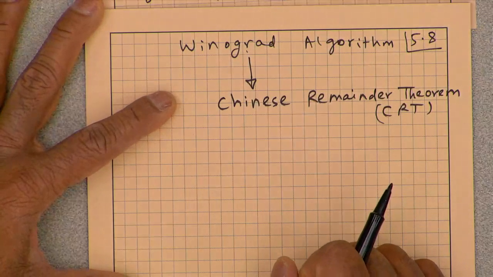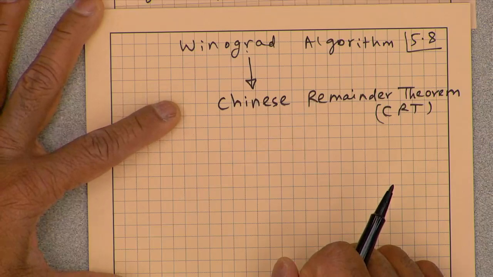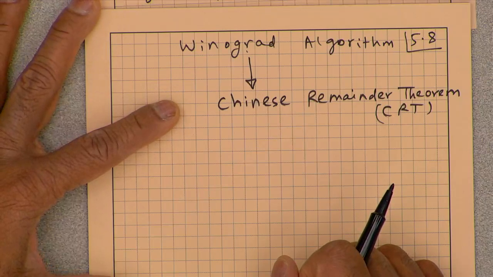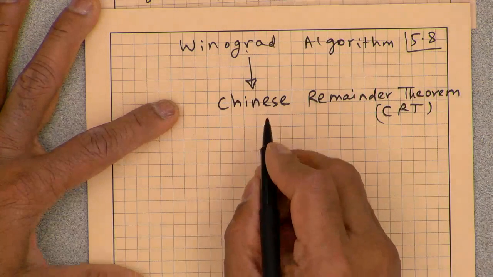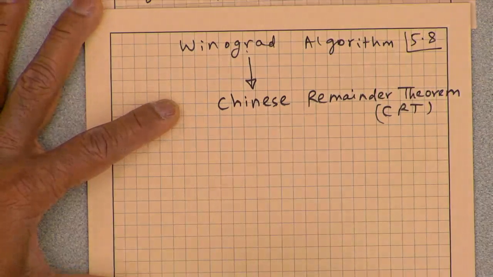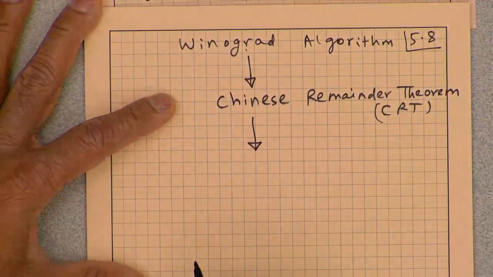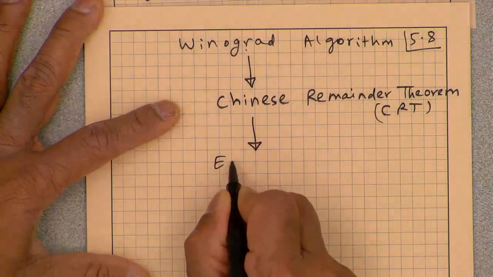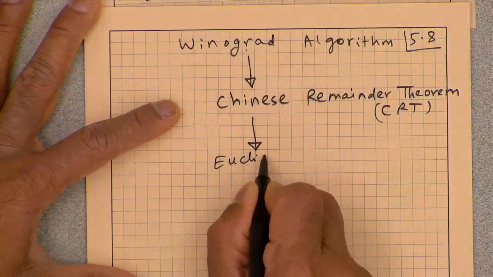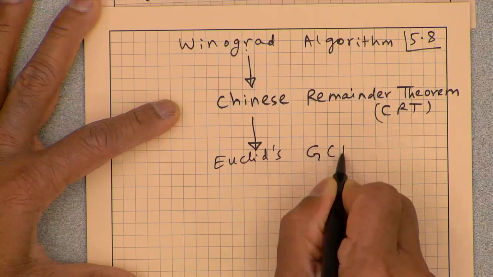Is anybody familiar with the Chinese remainder theorem? Okay, but I could start with the Chinese remainder theorem, but really to understand it, we need to understand something else, which is Euclid's GCD algorithm.